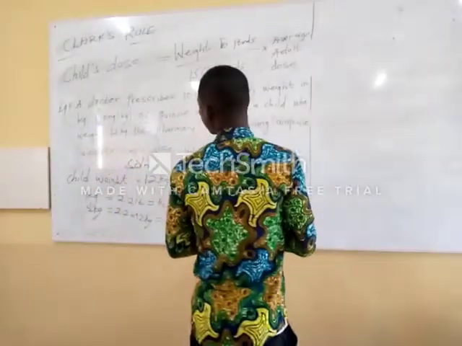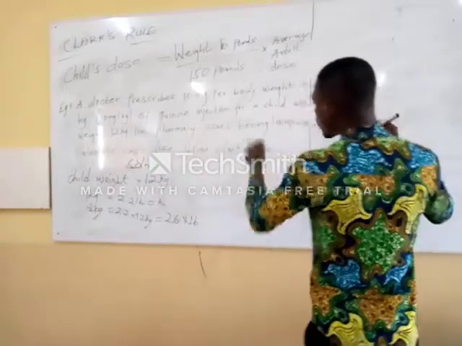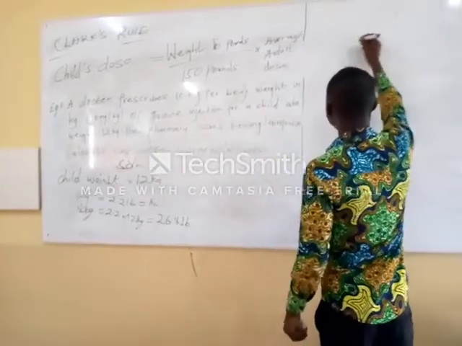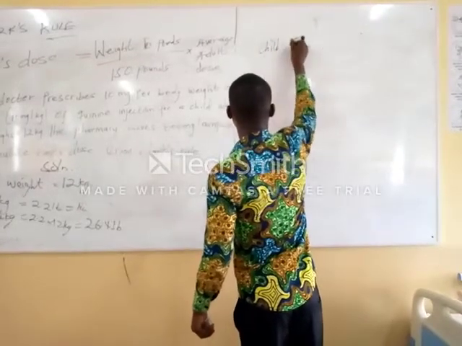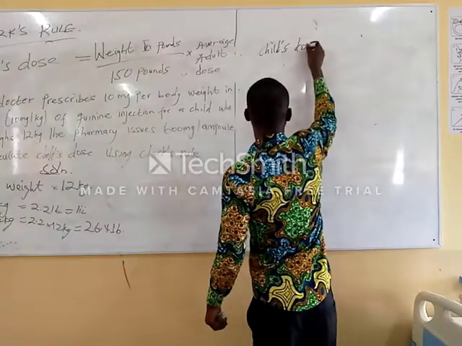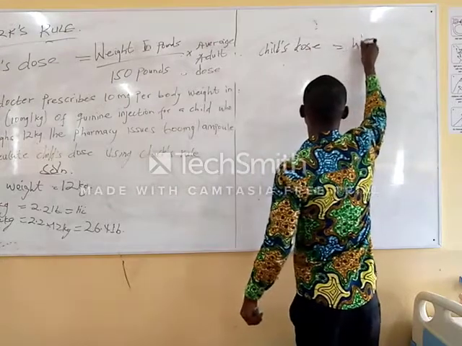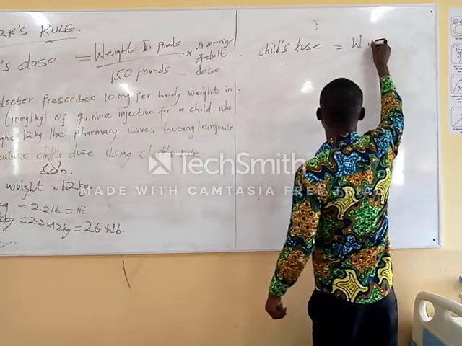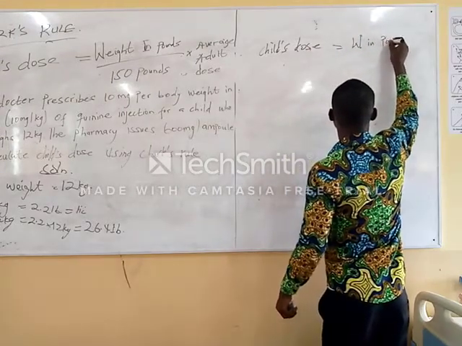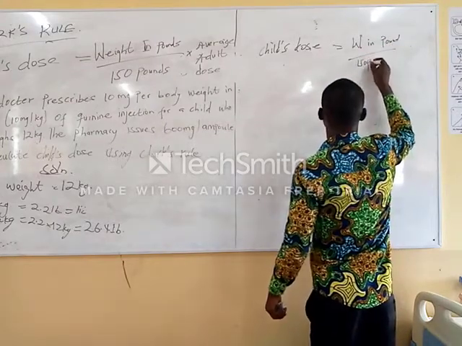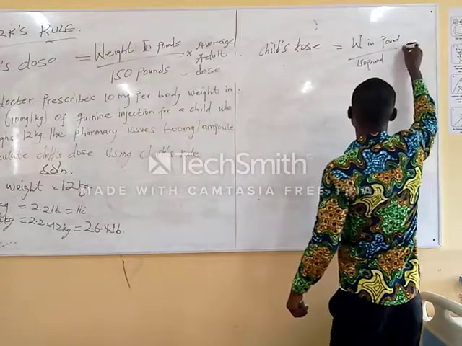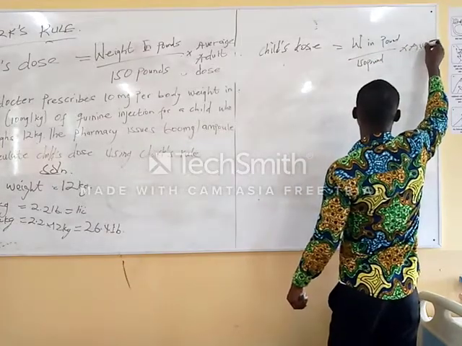So as you go through the formula, child's dose is equal to weight in pounds over 150 pounds times the average adult dose.